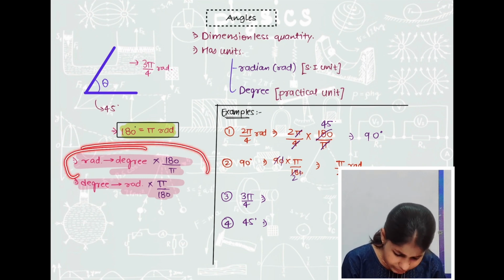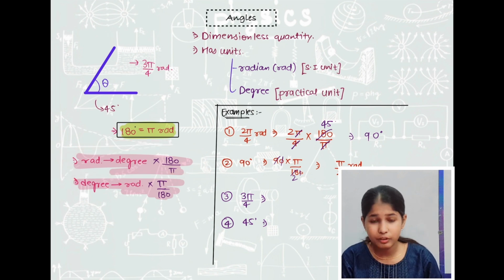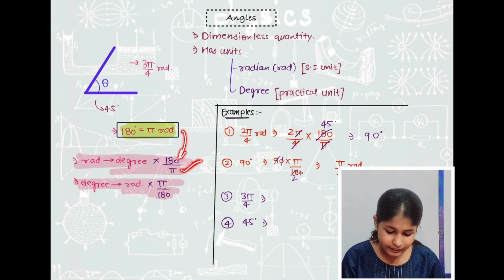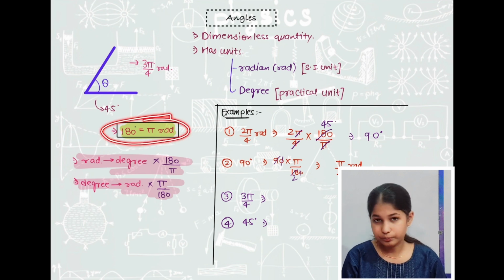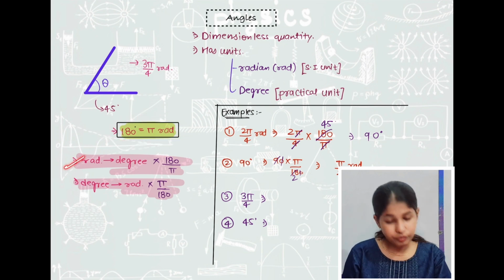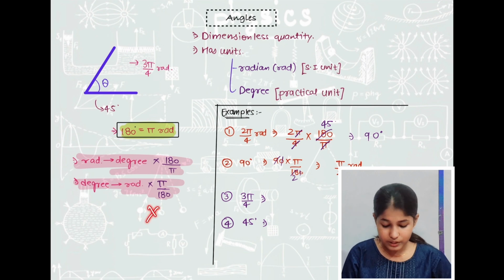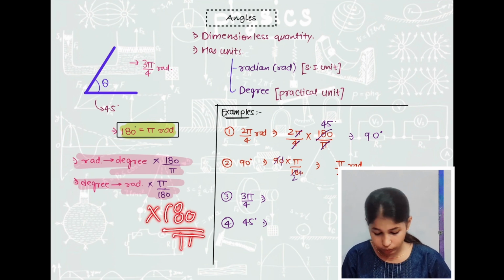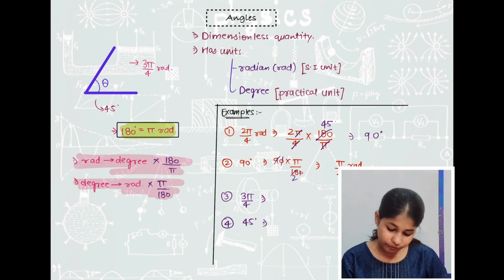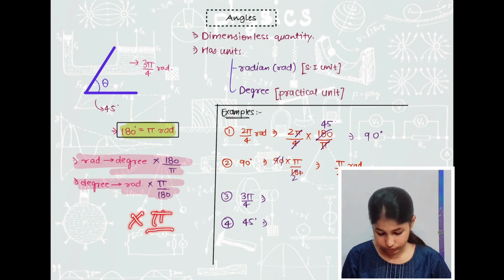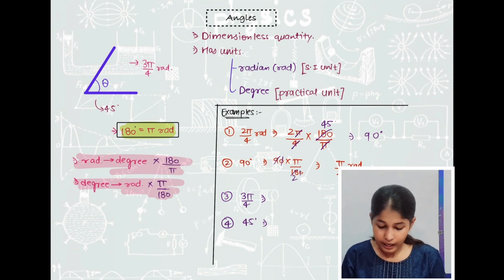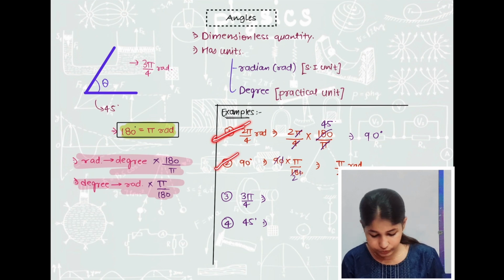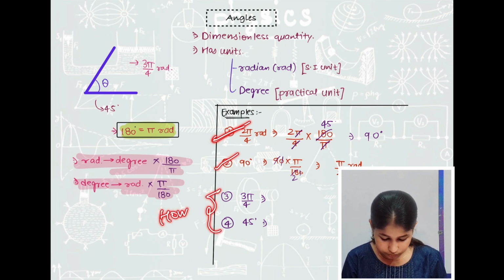You can take out these formulas, because they are the simplified versions of this main equation. So if you want to convert from radian to degree, you simply multiply it with 180 upon pi. And if you want to convert from degree to radian, you will need to multiply it with pi upon 180. And here we have already solved the question, and these are the 2 homeworks.